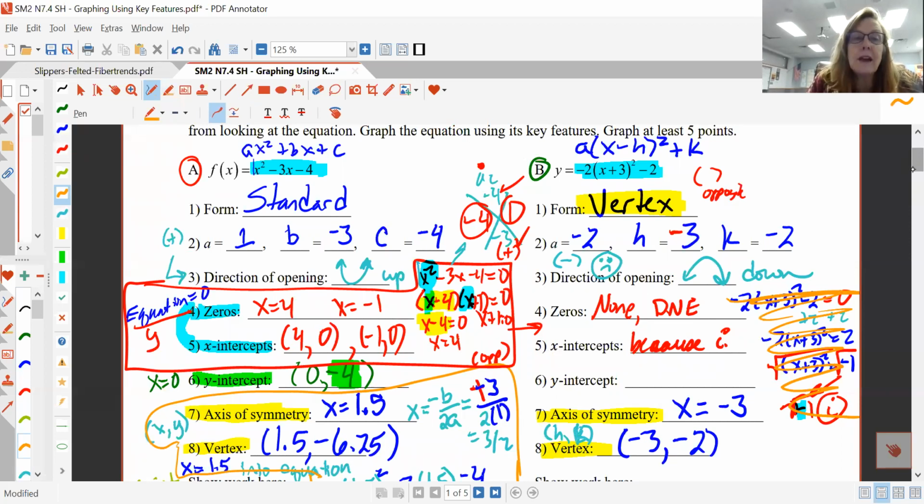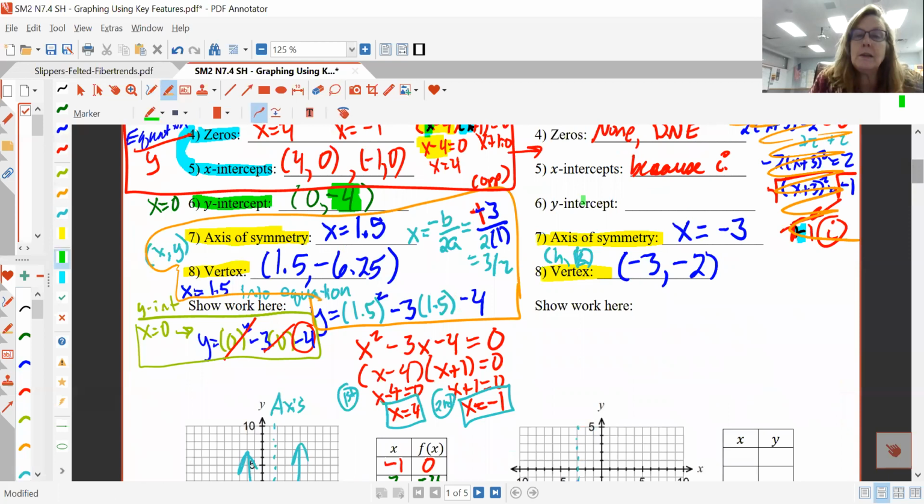So the last thing I've got here is that I need my y-intercept. For my y-intercept, that means x has to be 0. And what do I do? I put it into my equation.